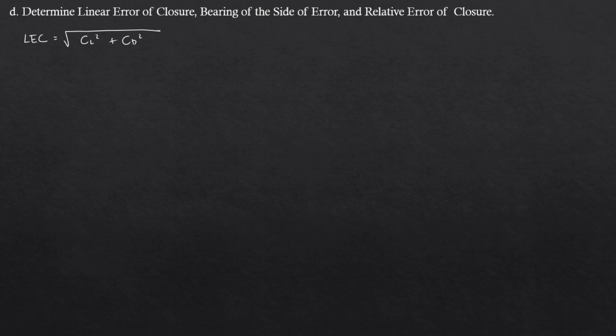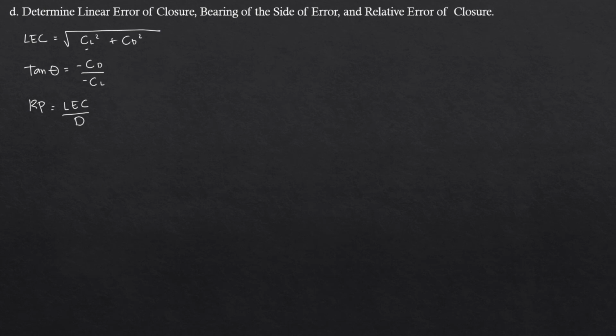Then, yung bearing of side of error natin, meron tayong tangent theta is equal to negative CD over negative CL. Then, relative precision natin is equal to LEC over D. So, tandaan nyo lang tong tatlong formula na to. Madali nyo masagutan tong linear error of closure, bearing of side of error, and relative error of closure.